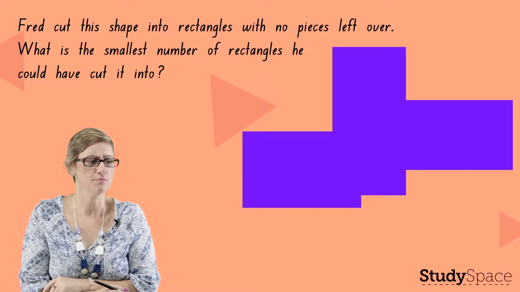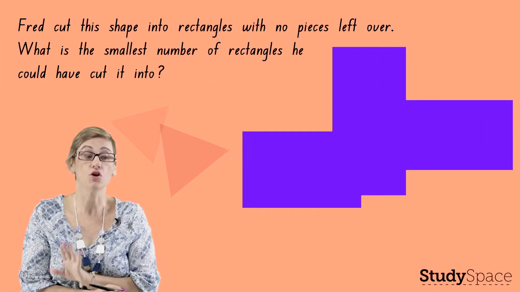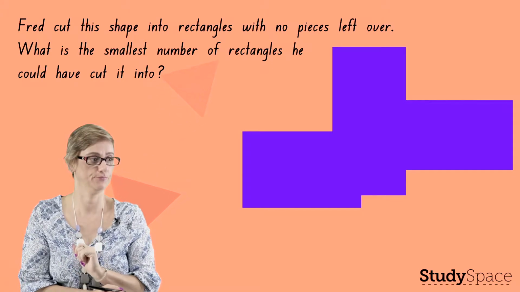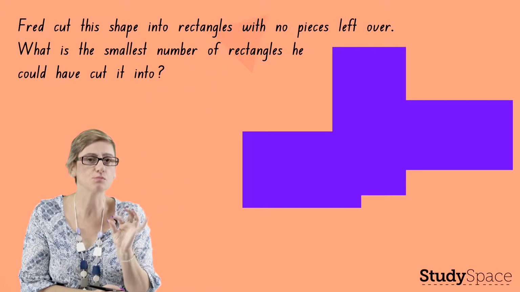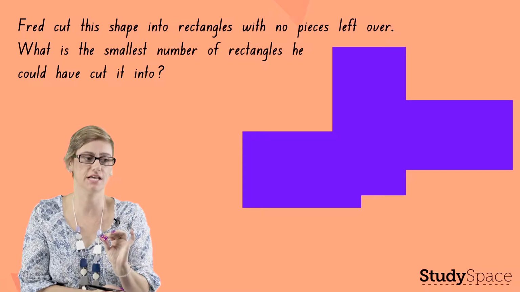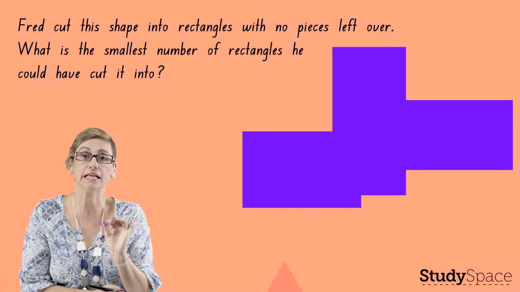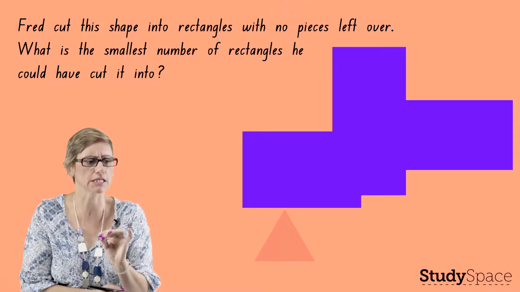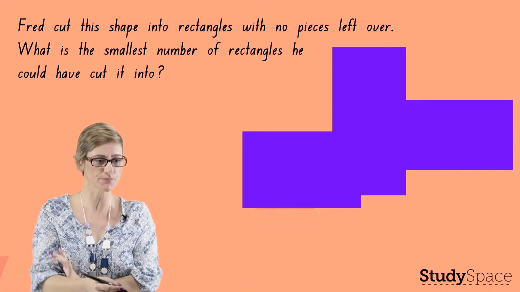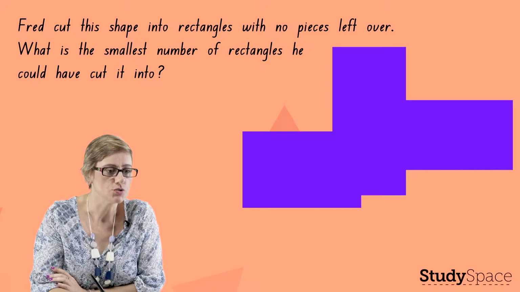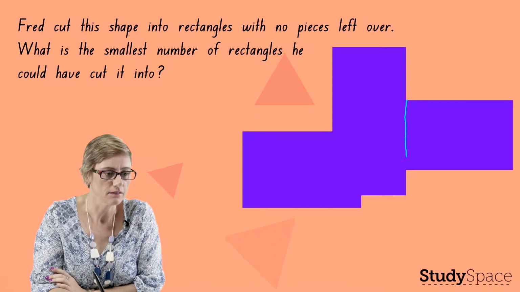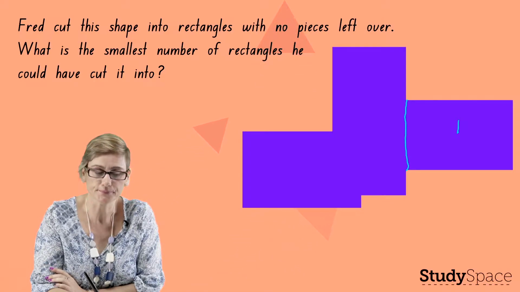Fred cut this shape into rectangles with no pieces left over. What is the smallest number of rectangles he could have cut it into? Okay, so let's draw some rectangles, boys and girls. Okay, so let's do this one here. So this is 1.